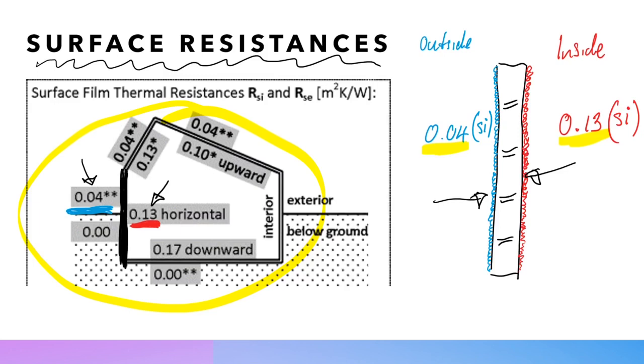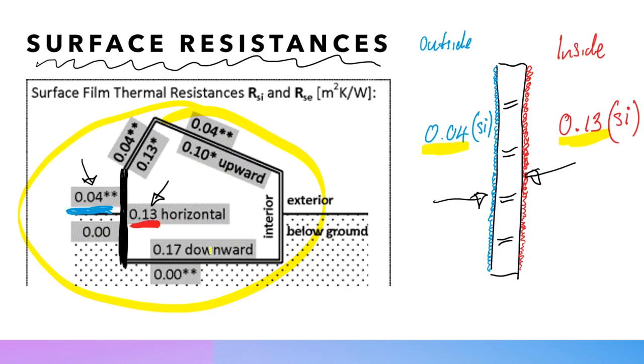Now, also note that you'll see in the sketch here that the values actually change depending on, like this roof here, which is a pent roof or a pitched roof. You can see that it's 0.1.